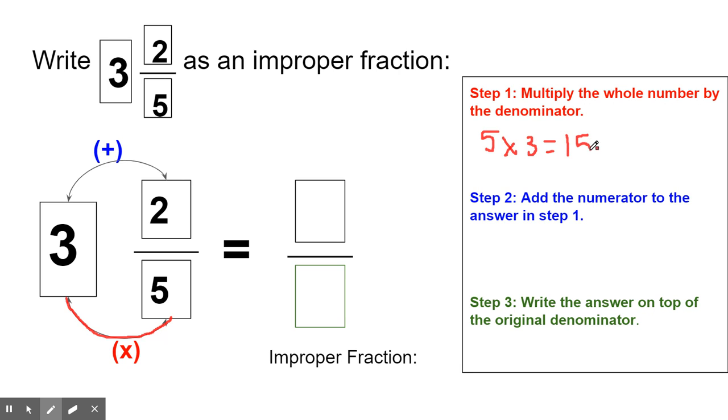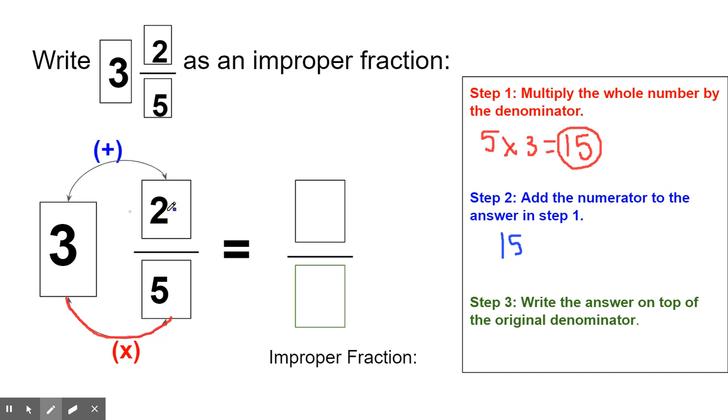And you can use your multiplication charts if you need to. So we got 15 for step 1, and we are done with step 1. Step 2 says add the numerator to the answer in step 1. Our answer from step 1 was 15, so we are going to add the numerator to 15.